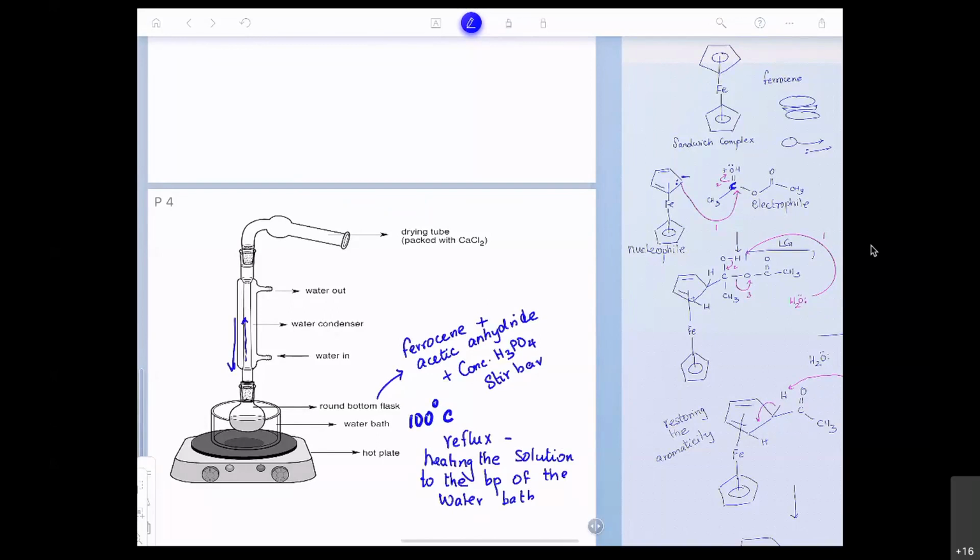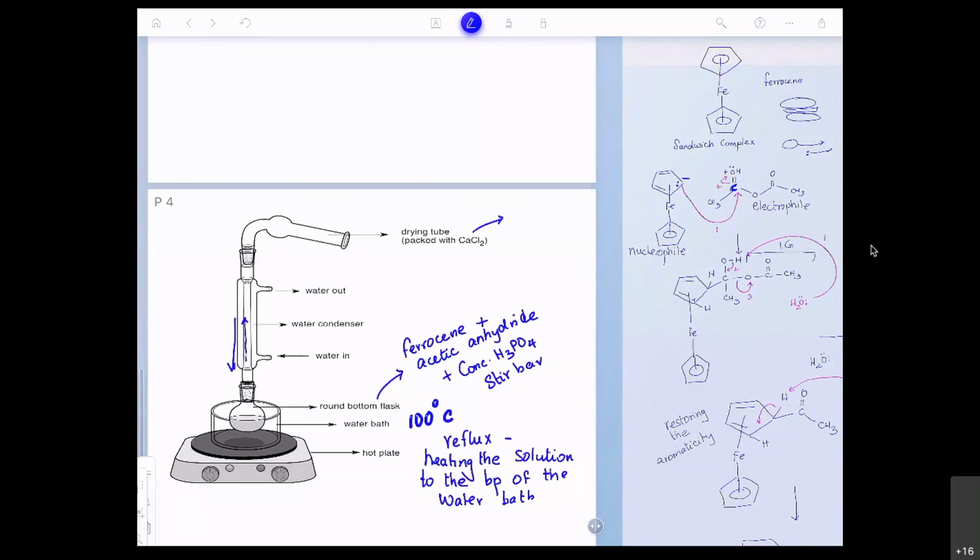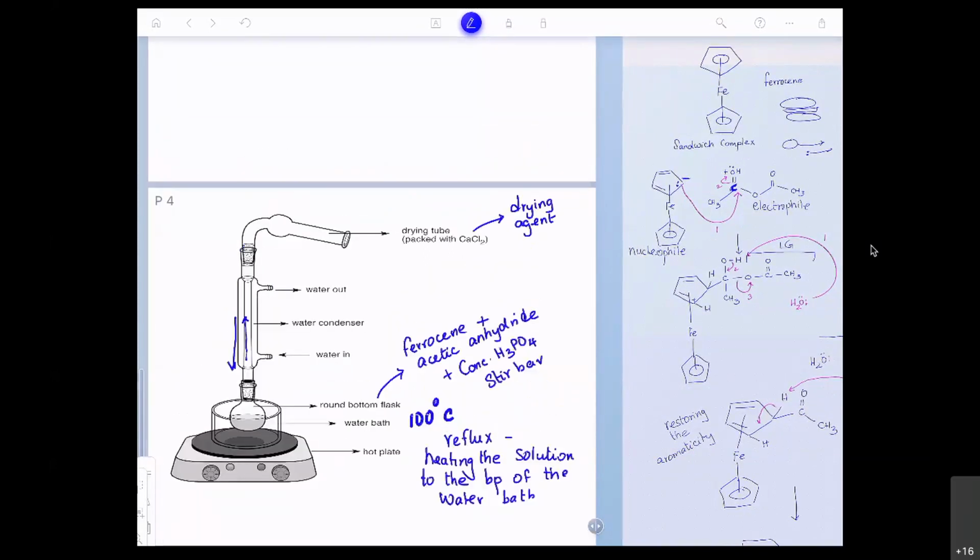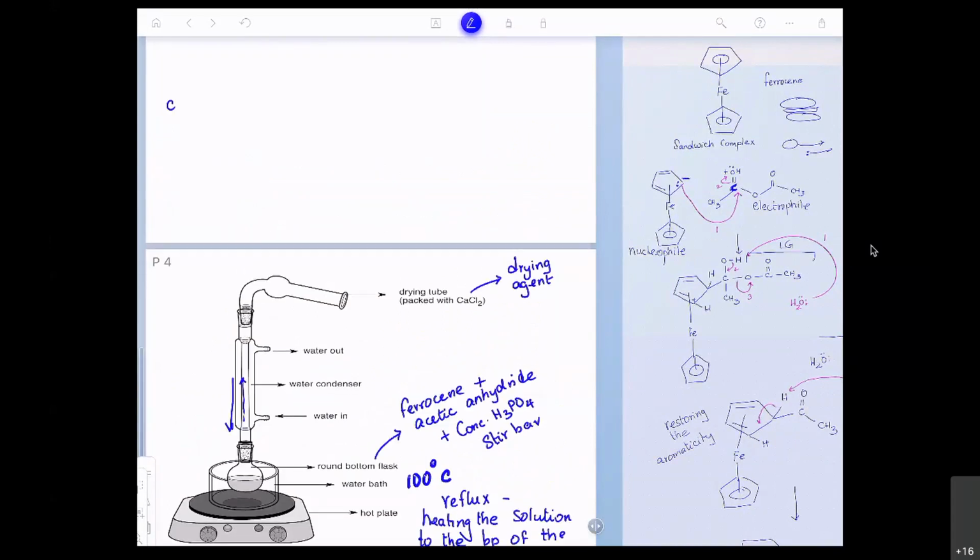We don't want any water inside this reaction mixture. So we're going to use a drying tube, and the drying tube is packed with a drying agent. The drying agent used is calcium chloride. The reason we don't want any water inside is because acetic anhydride will react with water and break down, and you don't want it to break down.